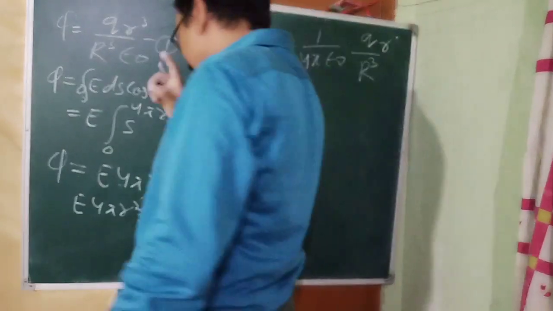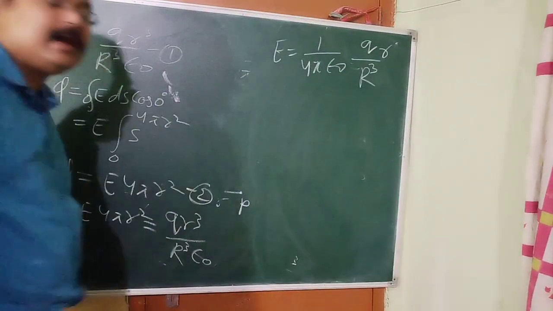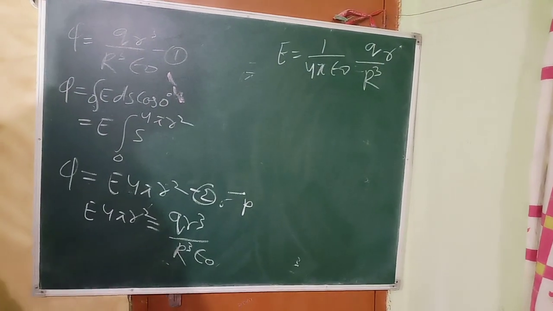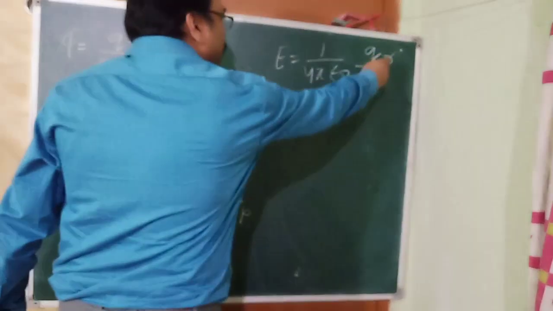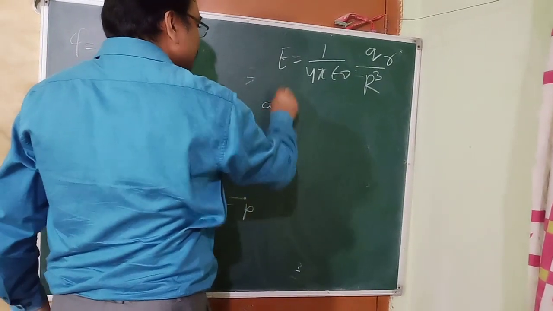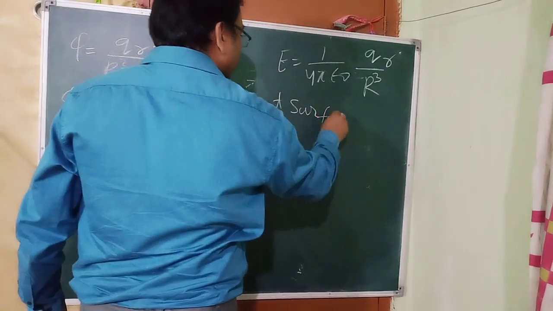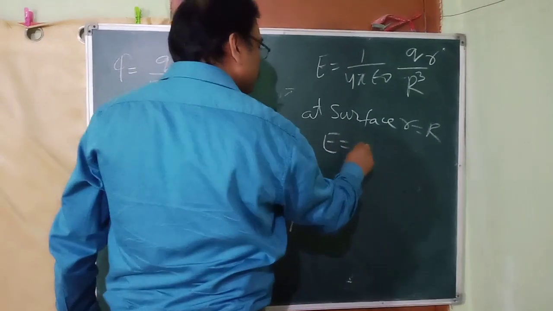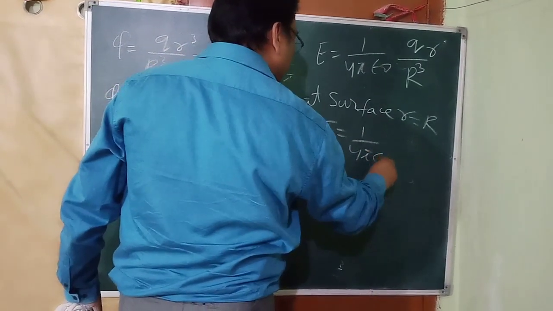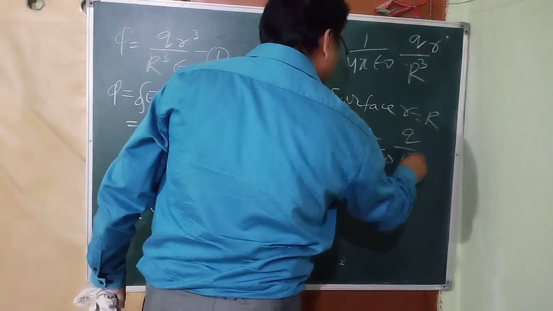So as the small r increases, electric field intensity will keep on increasing. And once you reach the surface, this r will become how much? At surface, r is equal to capital R. So we will get E equals 1 by 4 pi epsilon naught Q by R square.